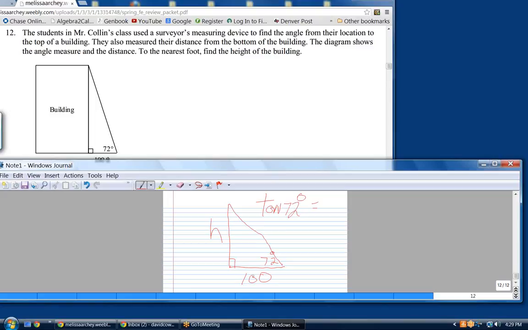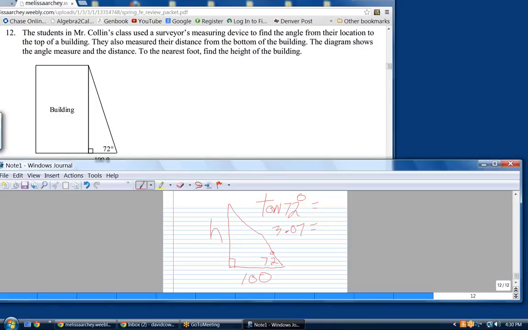Okay. Remember that you always take trig functions of angles. You don't take trig functions of sides. So the tan of 72 is equal to what? Tan of 72 comes to 3.07. And what is it equal to in my diagram?